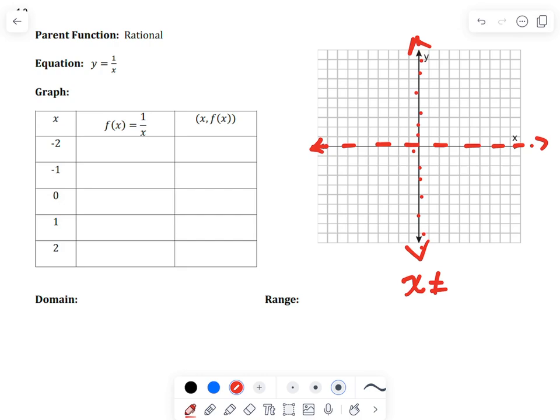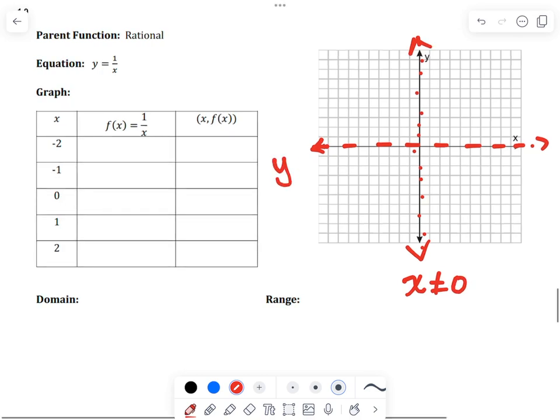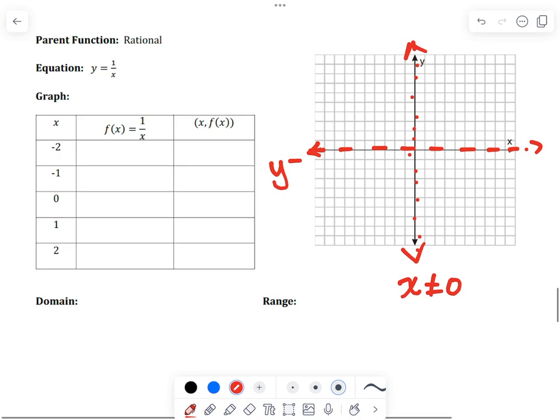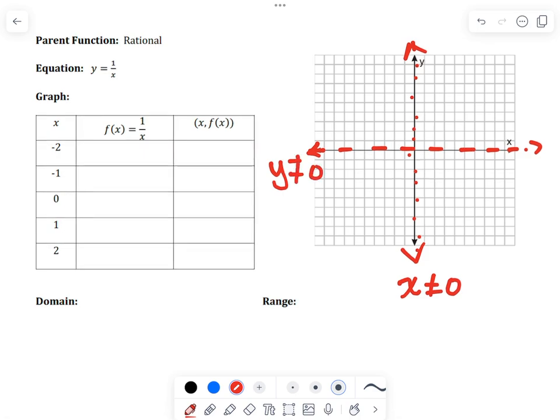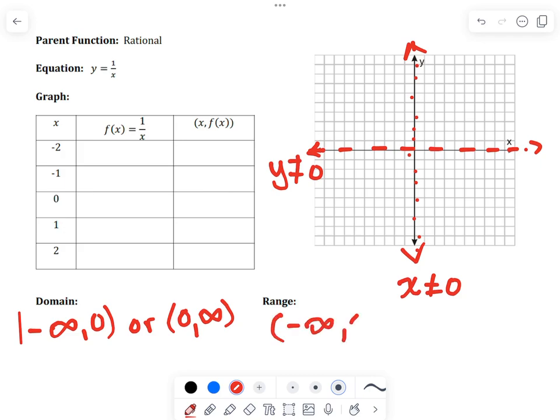So x cannot be 0, y cannot be 0. Those are going to be our domain restrictions. There are asymptotes. So the domain of this is -infinity to 0 or 0 to infinity. And the same thing with the range, -infinity to 0 or 0 to infinity.